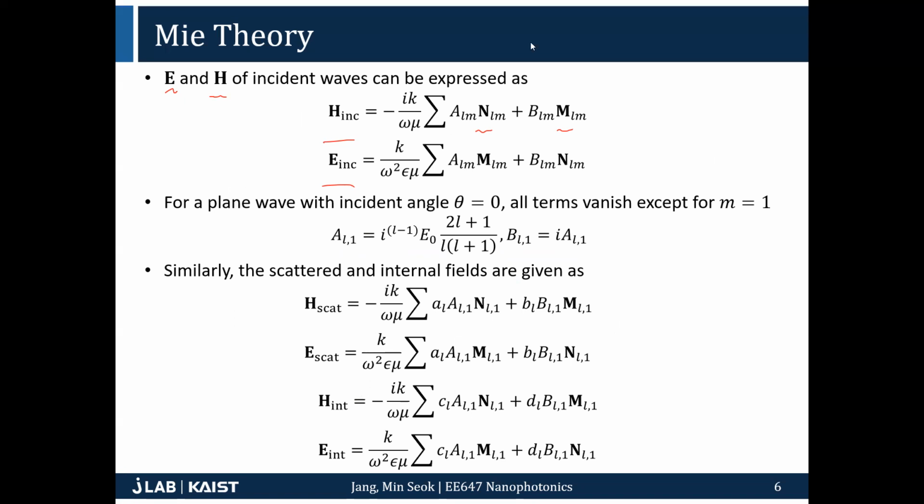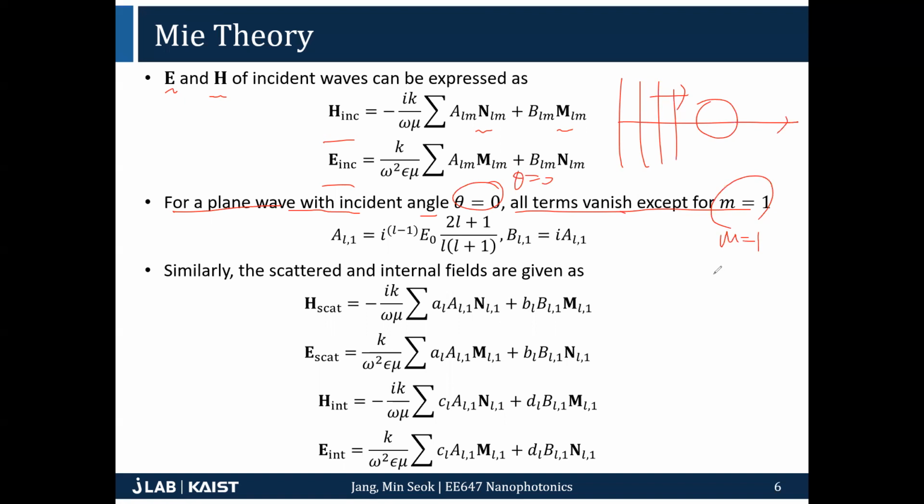Okay, but the incident wave has an interesting constraint, because we know exactly how the incident wave looks, right? For a plane wave with incident angle theta equals 0, so that the wave is propagating like that, all terms vanish except for m equals 1.